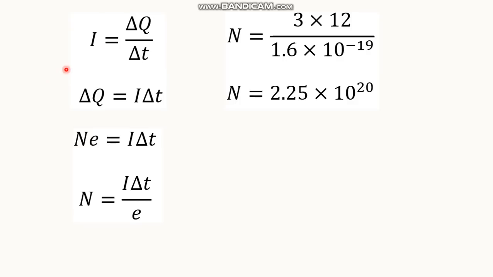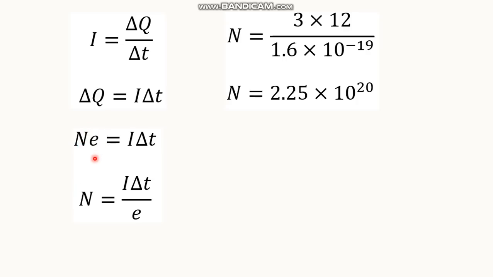If you rearrange this equation, we have change in Q is equal to I change in T. The change in Q, or the amount of charge, is equal to the number of charges times the fundamental charge.